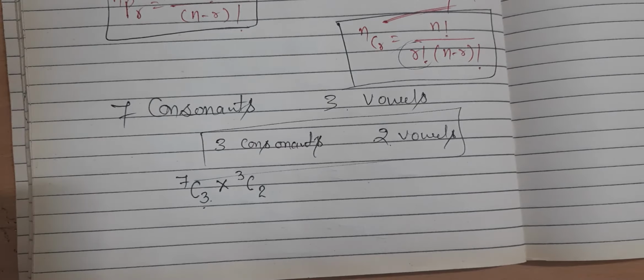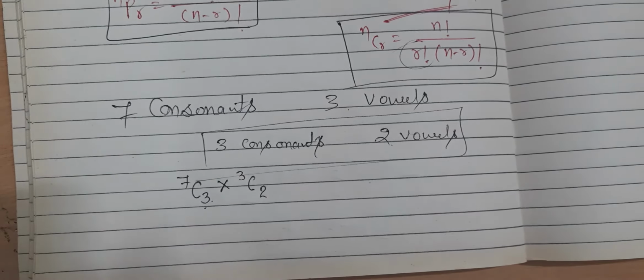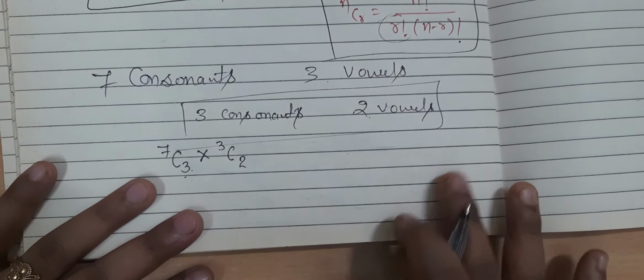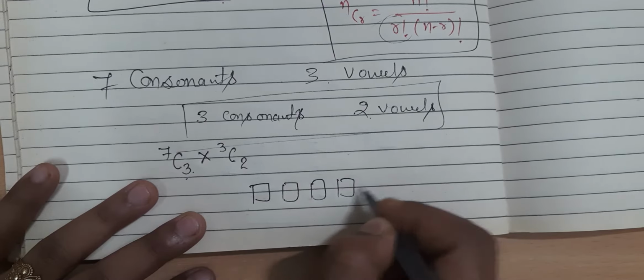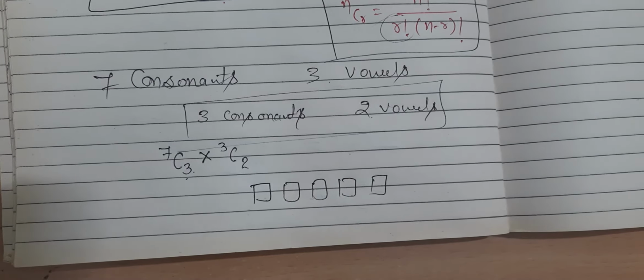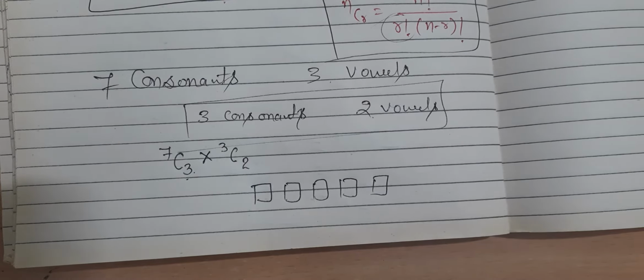So these are the number of ways we can select 3 consonants out of 7 and 2 vowels out of 3. Up to here we have completed the selection of consonants and vowels, but we have to form different words with or without meaning. A word of 5 letters: 1, 2, 3, 4, 5. So here we also need to use permutation.